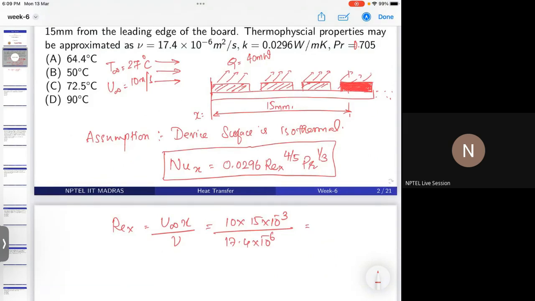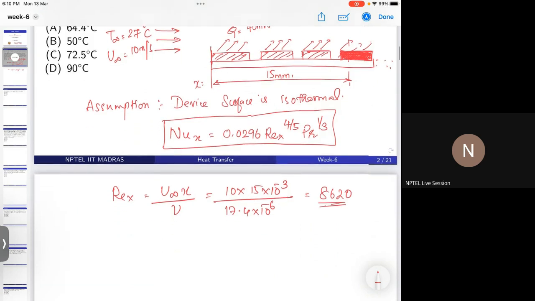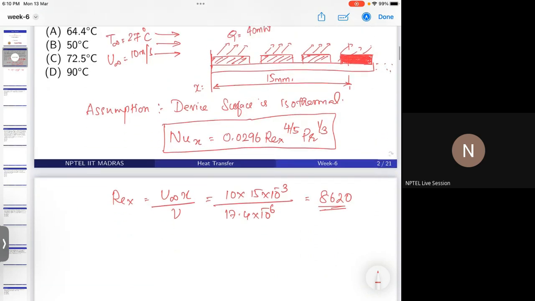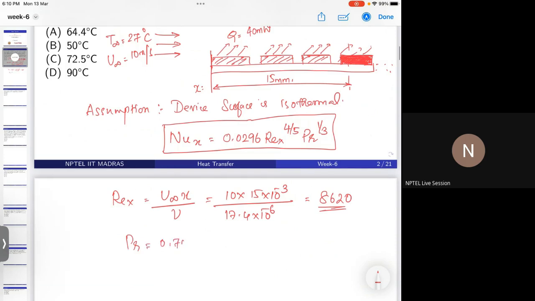What is the Reynolds number? 8,620. Okay. The Prandtl number is already given, that is 0.705.